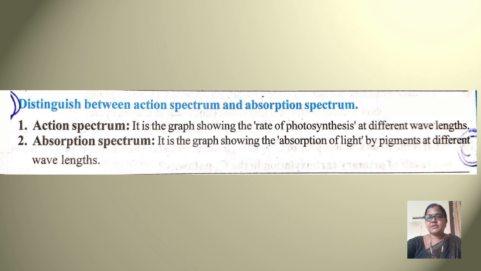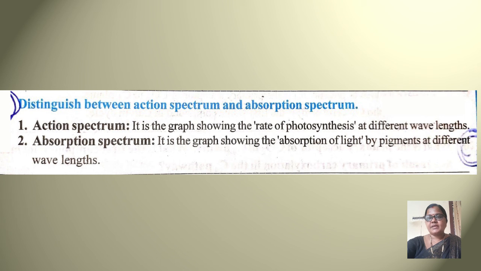The fourth question: Distinguish between action spectrum and absorption spectrum. Action spectrum is the graph showing the rate of photosynthesis at different wavelengths.